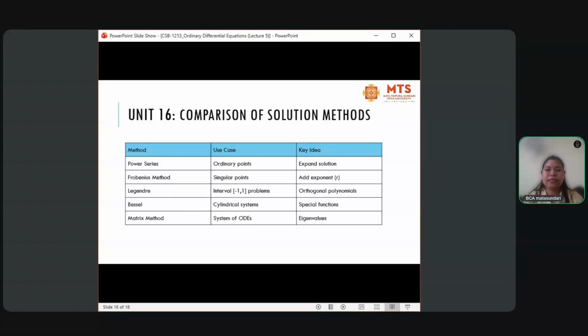Key ideas: power series, expand the solution; Frobenius method, exponent r. Legendre, use case, interval -1 to 1, orthogonal polynomials. Bessel, cylindrical systems, special functions. And matrix method, system of ODEs, where the key idea is the eigenvalue.